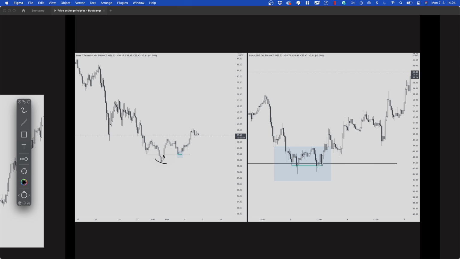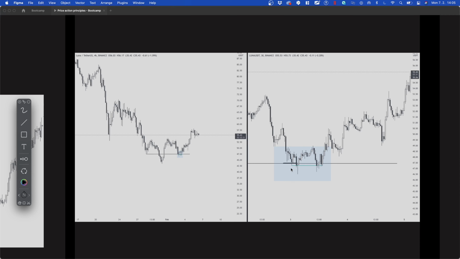Market then reclaimed it, tested it here, and moved away from it. If you take a look inside this highlighted blue box, which is the H4 level, you can see that the same pattern is happening on a 30-minute chart.